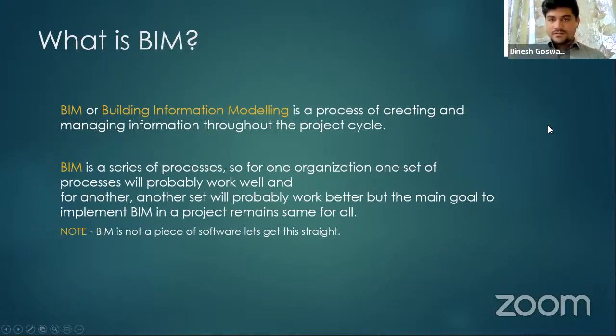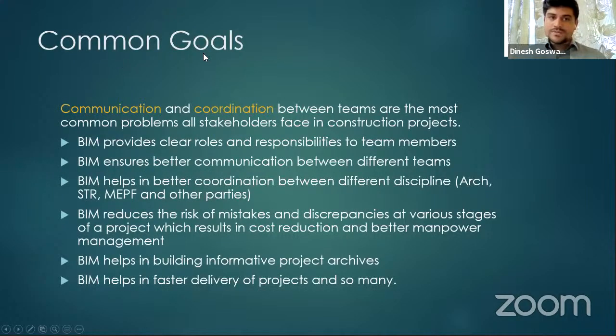Before that, we want to know what the problems are, and why we are implementing BIM in construction projects. The common objective or goal is communication and coordination. These are the two things that play an important role in project success.